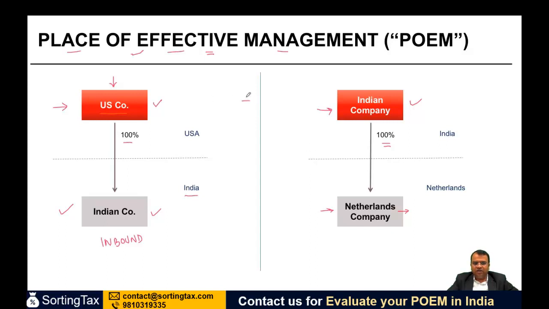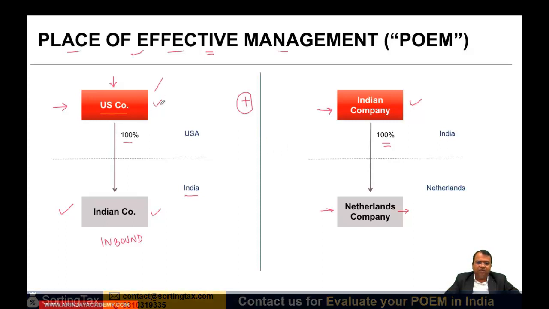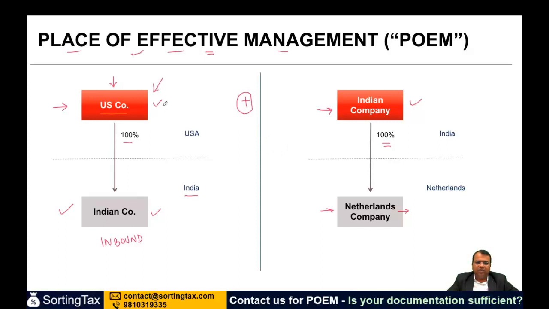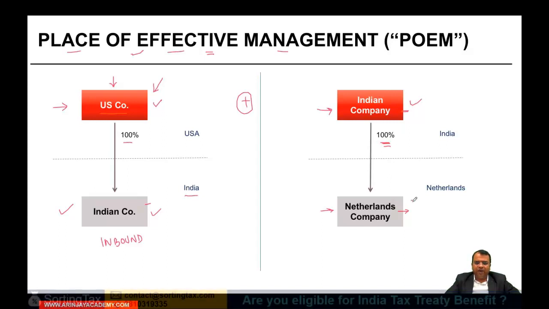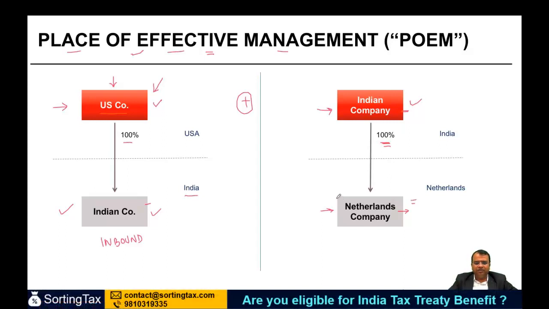In both of these cases, one thing which is given is that being the 100% owner, the US company will definitely be taking some decisions which impact the Indian company. Similarly, in this case, the Indian company, which is the owner of the Netherlands company, will be taking decisions which will impact the Netherlands company.